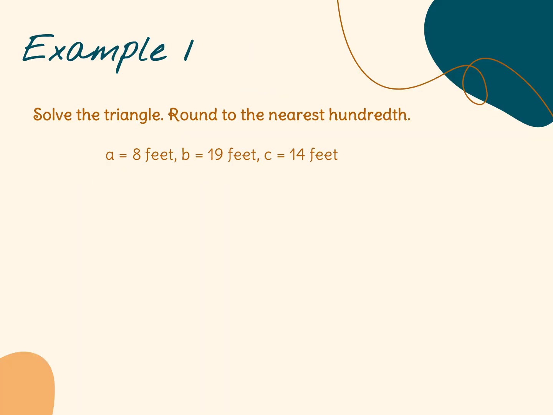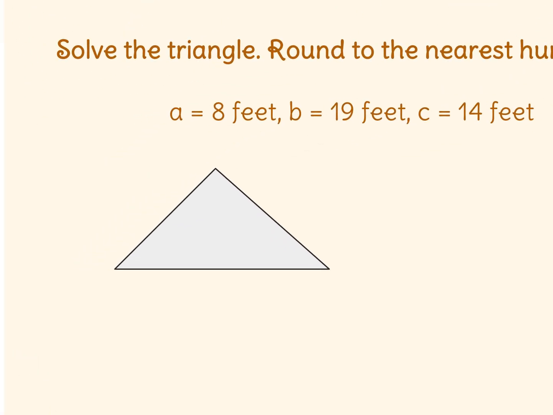So let's have a look at this one. What pieces of information are we given here? We're given all three sides. So let's sketch a triangle just so that we can see what's going on. Let's say this is A, this is B, this is C. All right, remind me how we label the sides, the angles, sorry, or the sides.